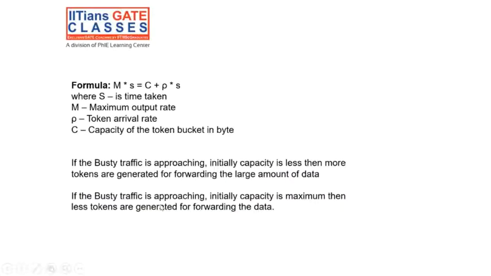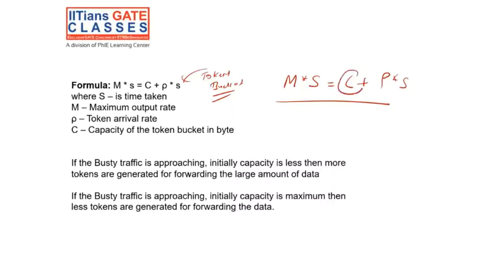Now see the formula of the token bucket: M into S equals C plus rho into S, where rho is the arrival rate. C is the capacity of the bucket, meaning how many tokens are already in the bucket, plus the arrival rate of the token in that particular time interval. This equals the maximum output in the same time interval.